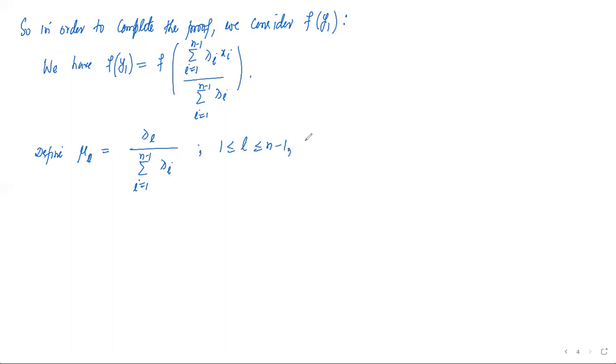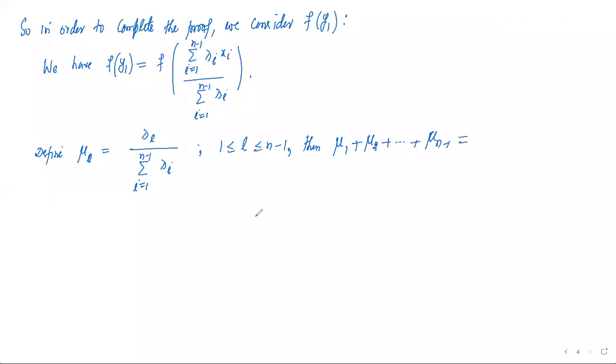Then these constants share this kind of property: mu1 plus mu2 plus so on plus mu n minus 1 is equal to 1. So let's prove a little bit how this is equal to 1.